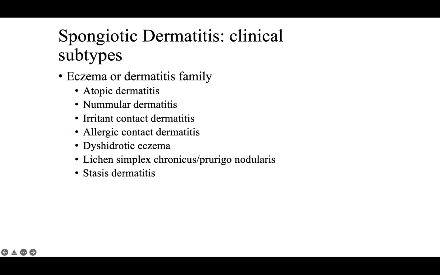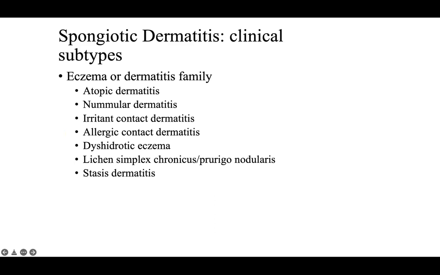What are the clinical subtypes of spongiotic dermatitis? They include things like eczema, as is commonly used. But when we say eczematous, we usually mean that something's weeping or it's inflamed. But if we say eczematous, what we're really trying to say is it's not a connective tissue disease. It's not psoriasis. It's not a lichenoid interface. It's not a vacuolar interface.